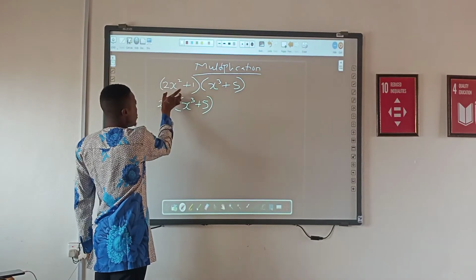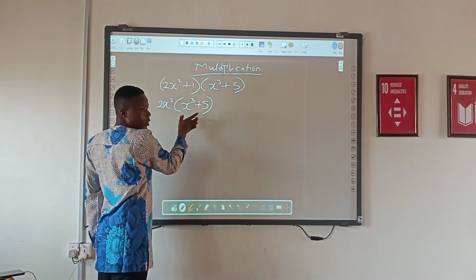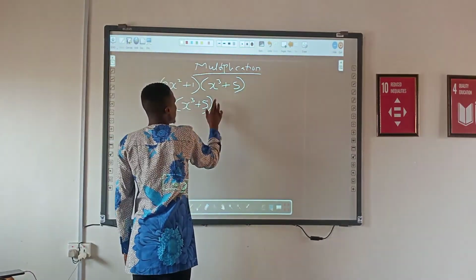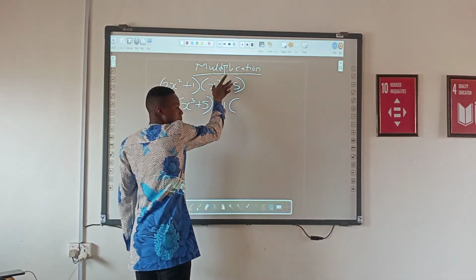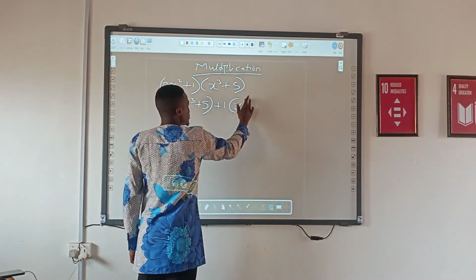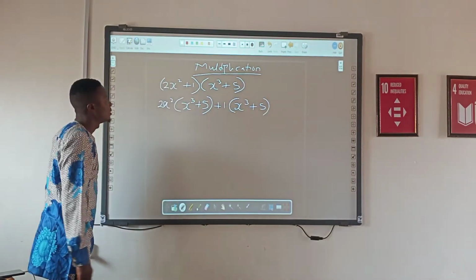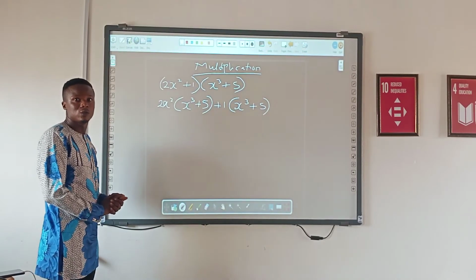Pick the first term you are having there, no matter what you're having there, pick it. Use it to open the second bracket. After that, pick the next term, which is what? Plus 1. It will still go into the second bracket, which is what? x cubed plus what? 5. That's the idea. Any confusion at this stage? So I should continue?